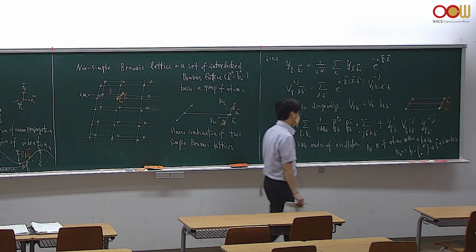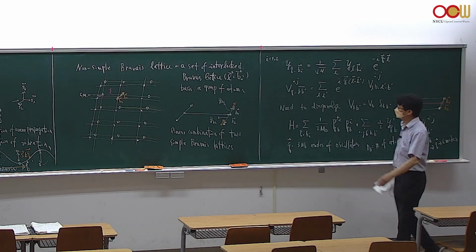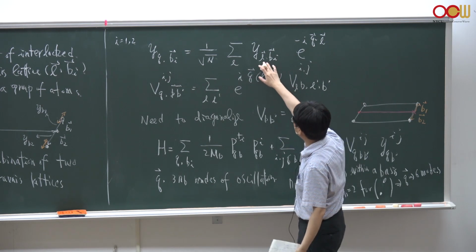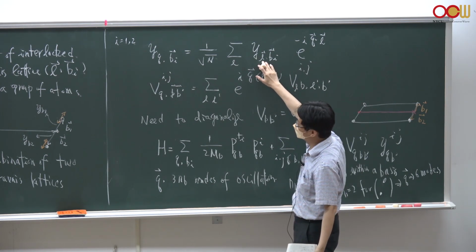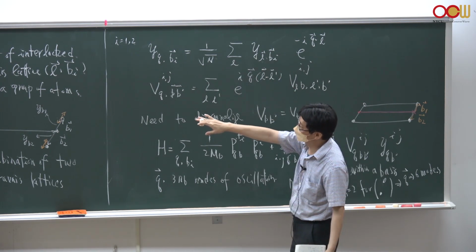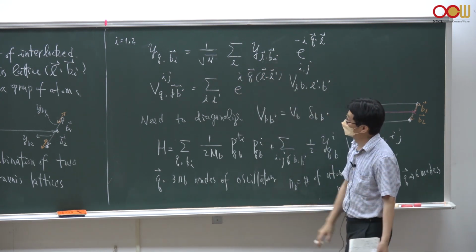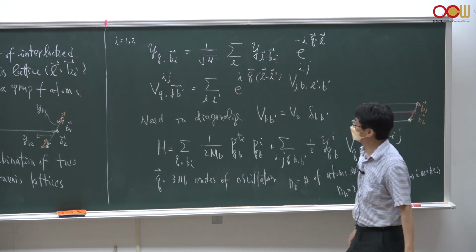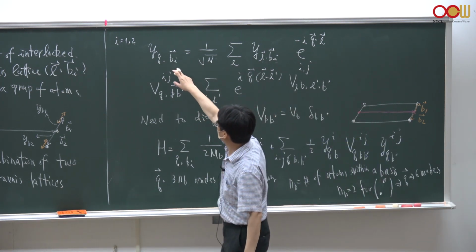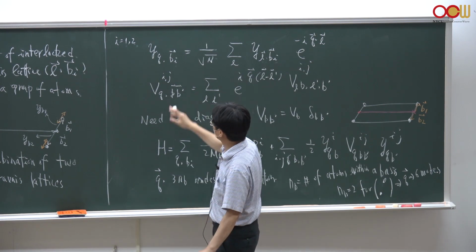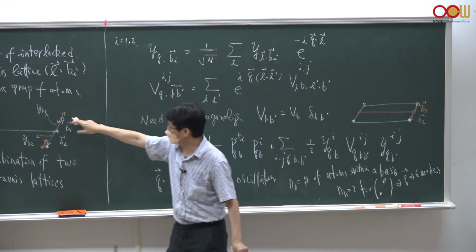And we could follow the same approach that we did before by performing a Fourier transformation of this displacement vector. But now, in this non-simple Bravais lattice, we have two sublattices, and therefore this displacement vector y carries the index i, where i runs from 1 to 2, representing the two different sublattices.